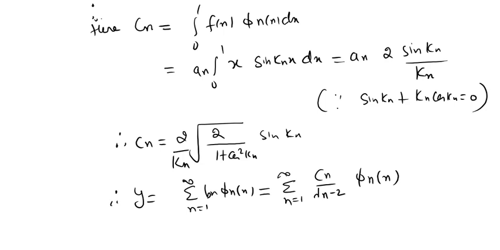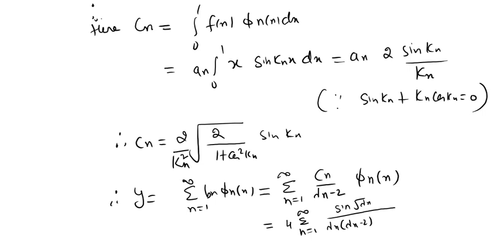Writing the answer in lambda now: sine kn, sine under root lambda n, upon lambda n minus 2, and in Cn you have kn square.